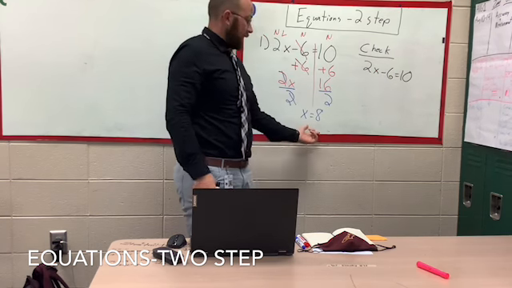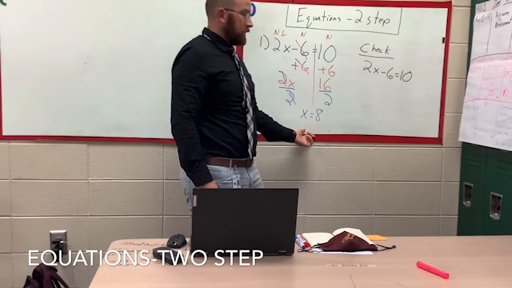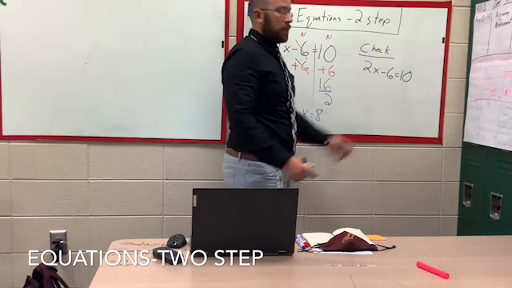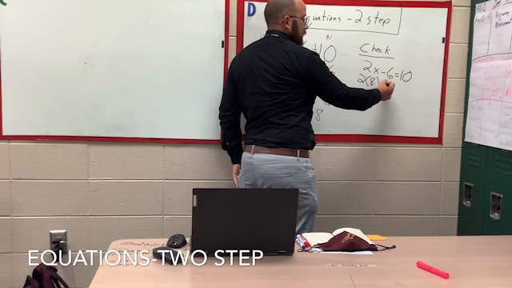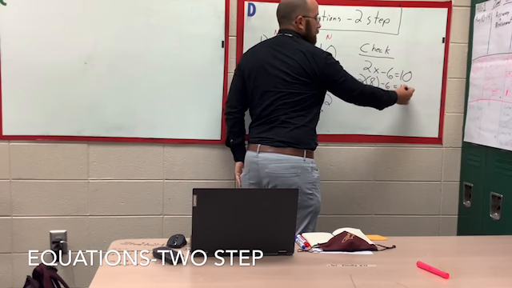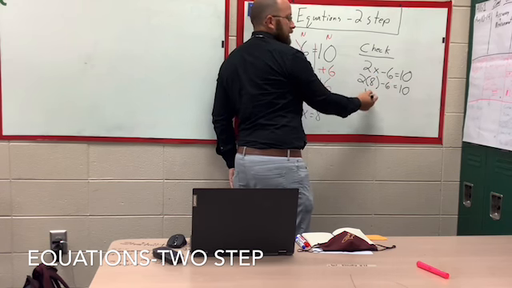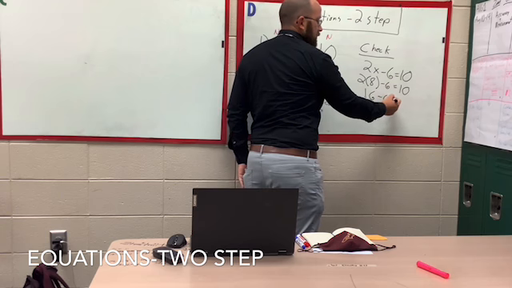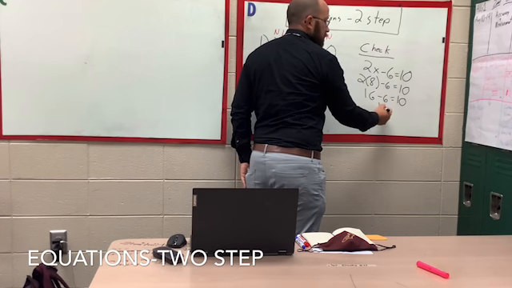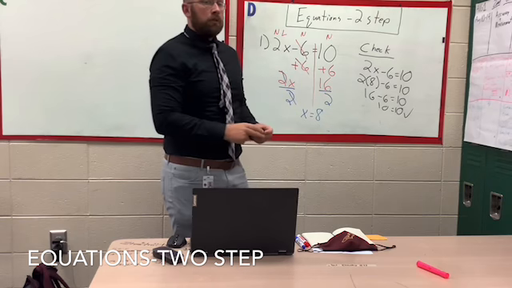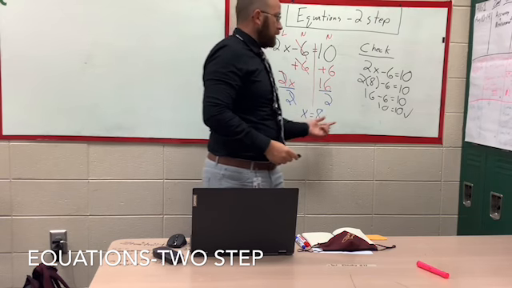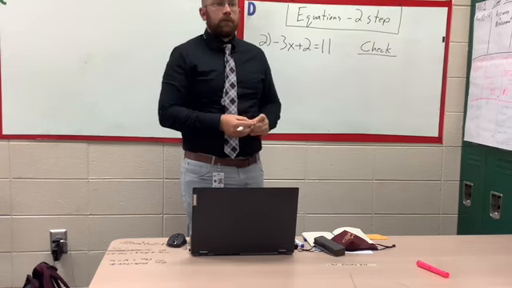We got x equals 8, so if x equals 8 here, x will equal 8 there. So all we do is plug in that 8, using our order of operations. 2 times 8 is 16, minus 6, it does equal 10. Check. You need to know how to plug in what you got back in for the variable.